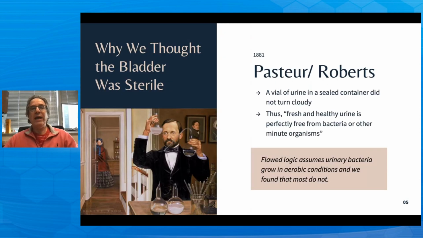So let's go back to the 1860s. Pasteur is doing his experiments to disprove spontaneous generation. You remember these experiments, right? You learned about it in high school probably, where he took a vial of some fluid, let's say in this case urine, and he put it in a sealed container, and he took another vial of urine and put it in an open container, and the open container got cloudy, and the sealed container did not get cloudy.